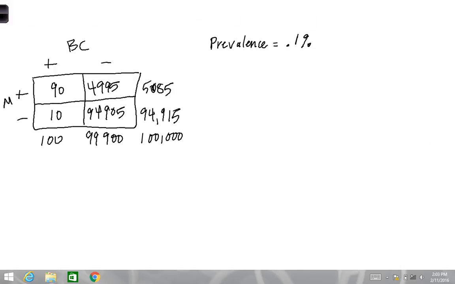Okay, so taking the information from the last slide, we have our 2x2 table, and then we have our prevalence calculated here.